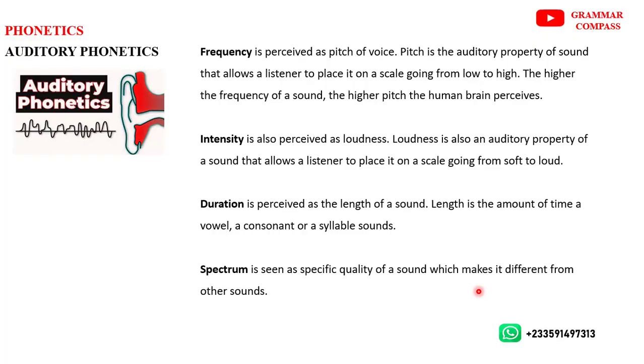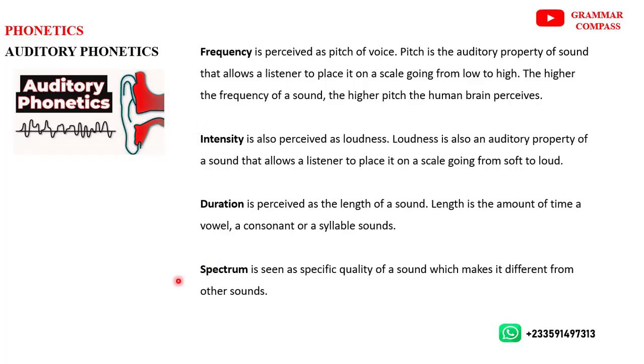For example, the difference between the vowel sounds in the words ship and sheep comes down to sound quality. So this sound quality is shaped by the sound's unique set of frequencies and harmonics. This is what we term as spectrum in auditory phonetics. So this branch is all about the listener's experience, how we make sense of what we hear.